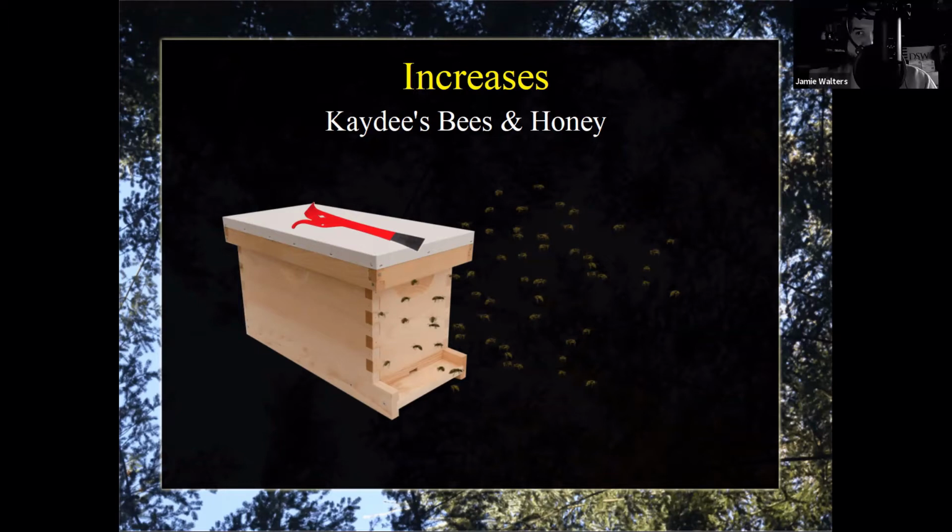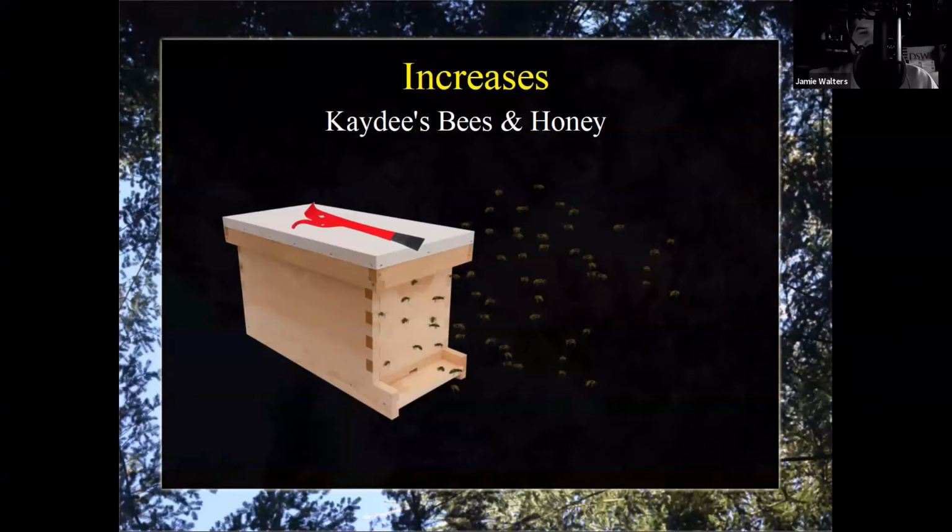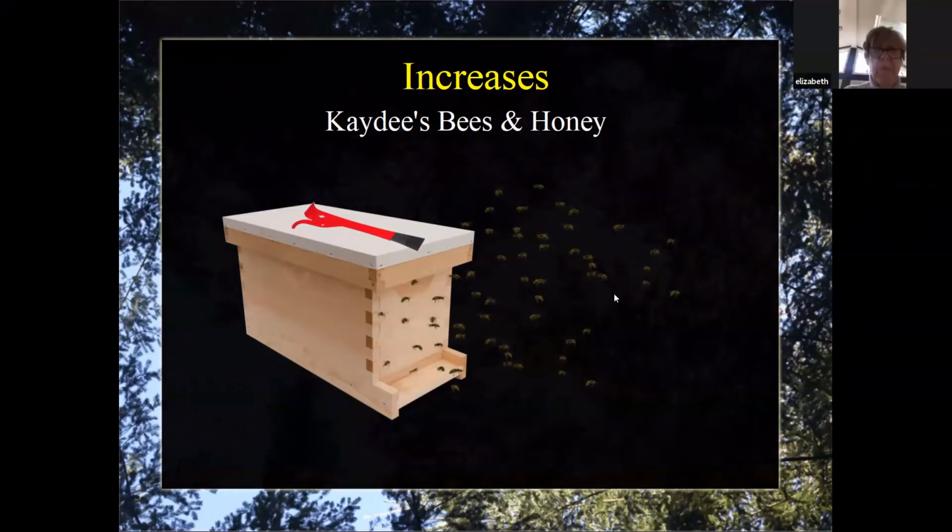I would not make a split in August with a little tiny colony, like a handful of bees, because they're not able to defend it. Remember, the absolute key to everything is a strong colony. If you have a strong colony and they're able to defend that front entrance, then you're okay. Okay, so we're going to go through increases here.